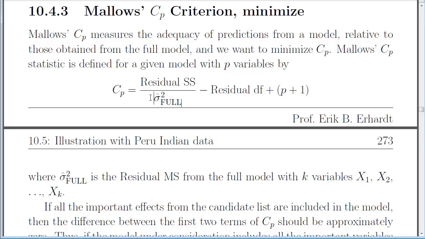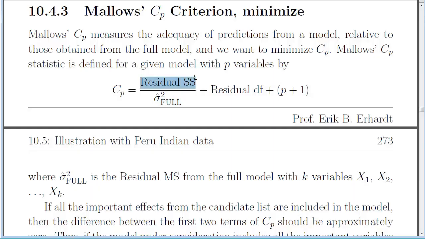So the sigma squared of the full model, that is our reference model. That is the estimate of the variance of the residuals in the full model. And as you remove x variables from your model to a reduced model, you'll have more and more unexplained variance. Okay? So this term won't change because this is based on the full model. But what will change for your given model is the residual sums of squares.